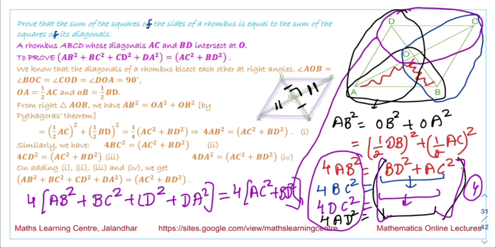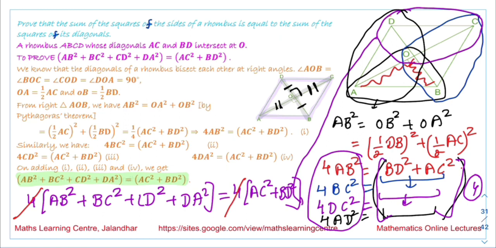And from this, these two 4s get cancelled, and the final answer we get is AB square plus BC square plus CD square plus DA square is equal to AC square plus BD square.